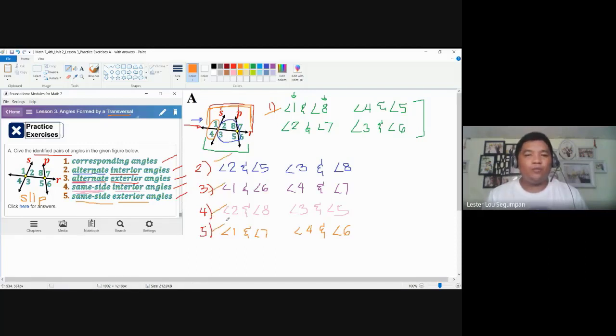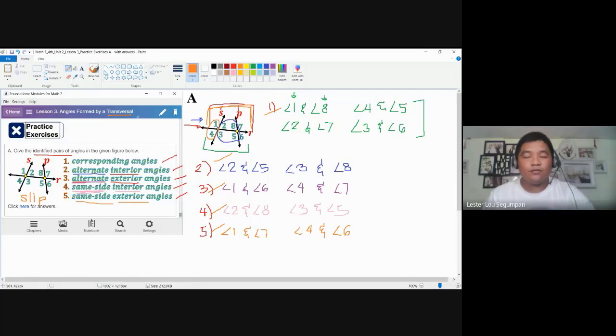So before we could go to those special relationships, we need to identify first which angles are the pairs formed by a transversal line. We cannot assume any relationship later on if this is not given.